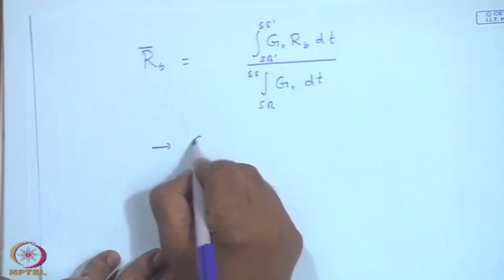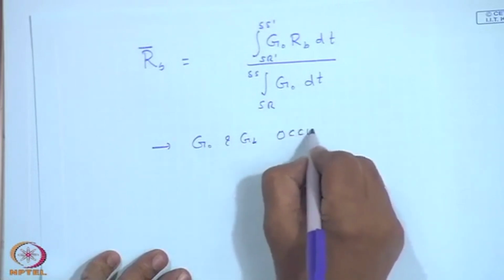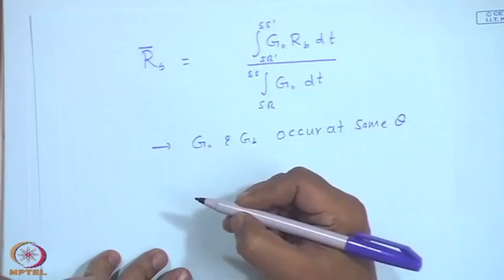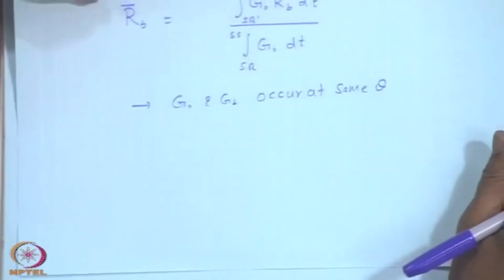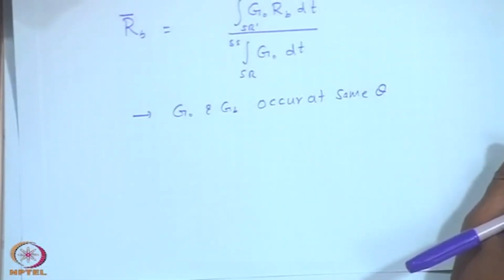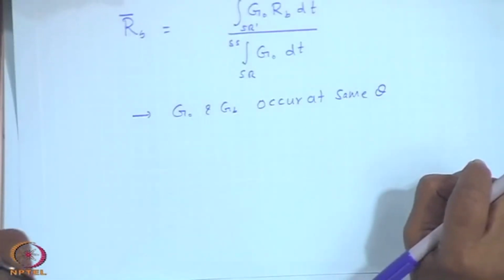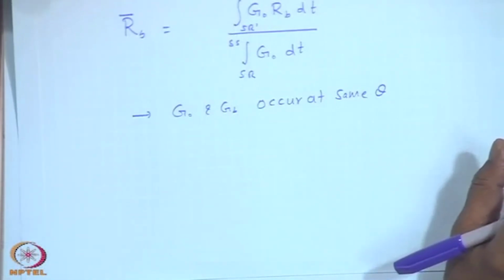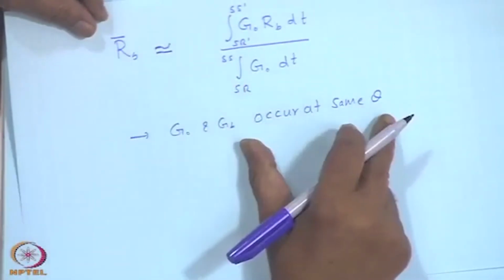Justifications are G0 and GB occur at the same theta. The angle of incidence of the extraterrestrial radiation on a horizontal plane and the instantaneous GB at an instant will have the same theta. What differs is G0 numerically differs from GB. So, this is an approximate symbol based upon this.